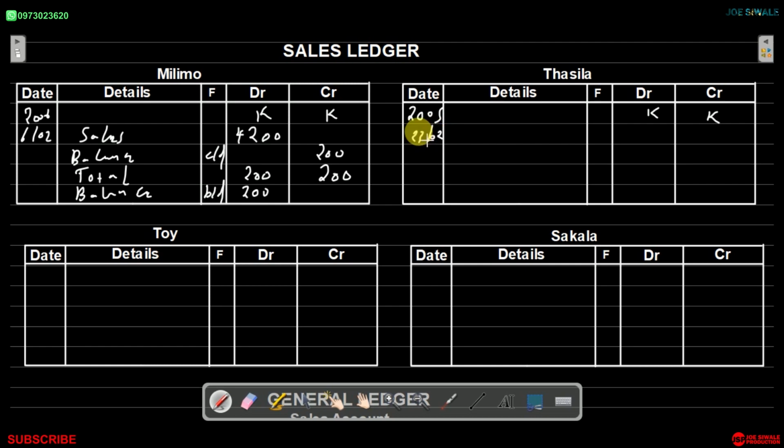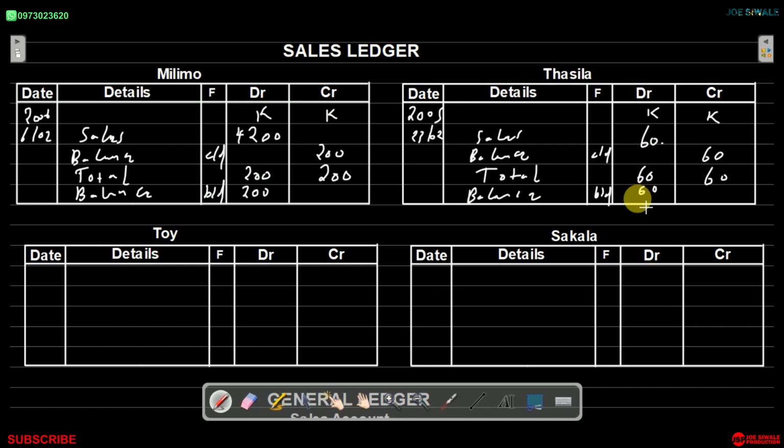So we're going to say sales, and we're going to debit it with 60 kwacha. We'll say our balance carried down, balance brought down. Then we have our total there. So our total, we're going to have 60 on the debit side and 60 on the credit side. Balance carried down is going to be shown on the credit side as 60. Balance brought down is going to be shown on the debit side as 60.